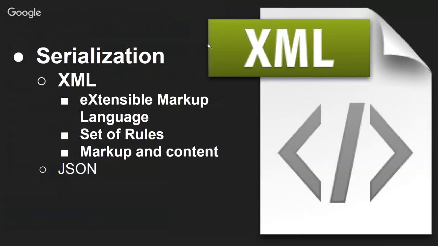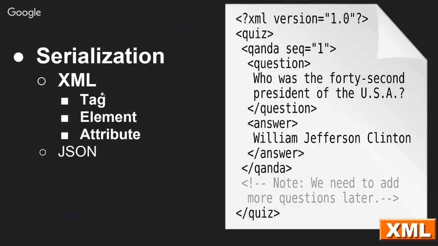So XML is an extensible markup language. You have a set of rules that you have to follow to write an XML file. And this uses markups and content. The XML syntax uses tags. For example, here is a tag quiz, with these symbols, less than and greater than, and you need to close the same tag with this backslash.